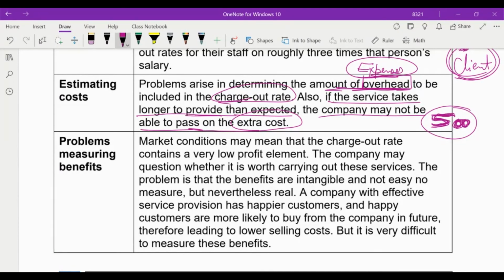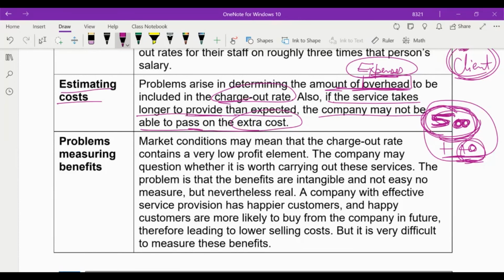In some places it can be very easy as well, but you are charging the same rate. You might not be able to pass on the extra cost to the client. You cannot say that since we have used 50 screws extra, we're charging you 40 bucks more. Things like that are a problem with services. It is very difficult to estimate cost.